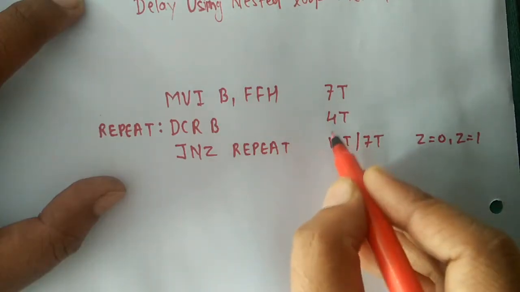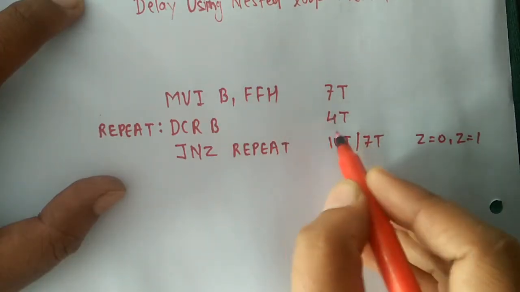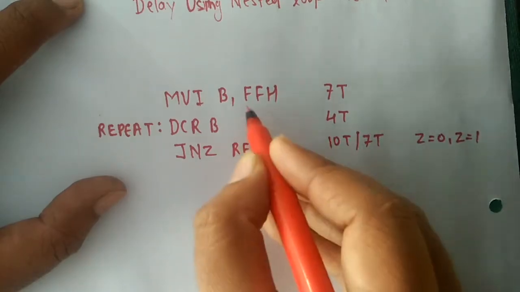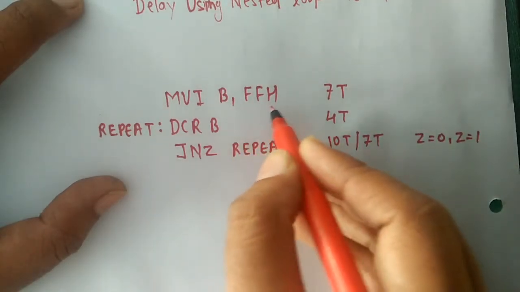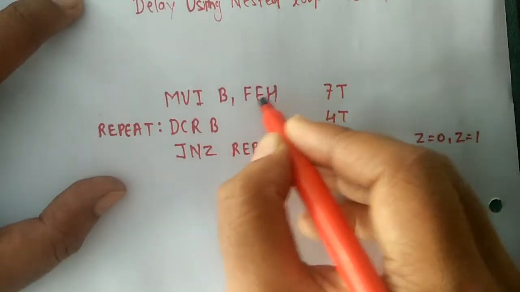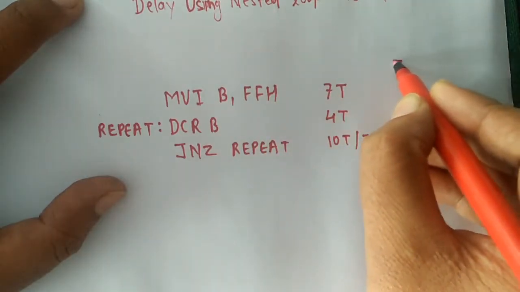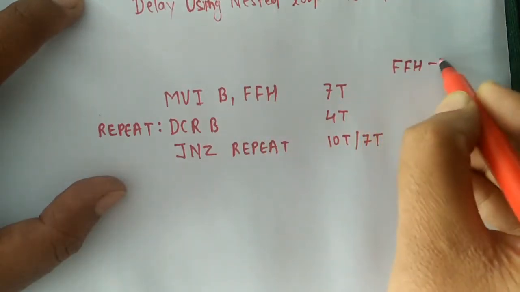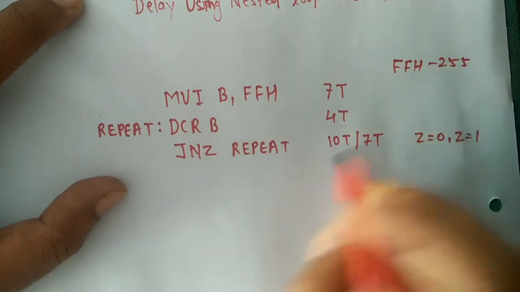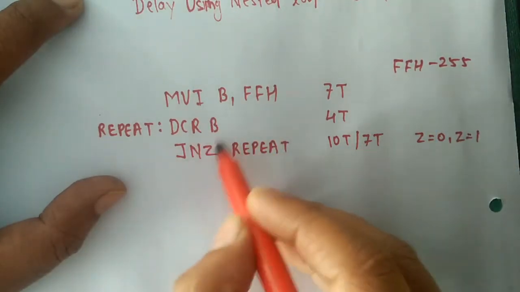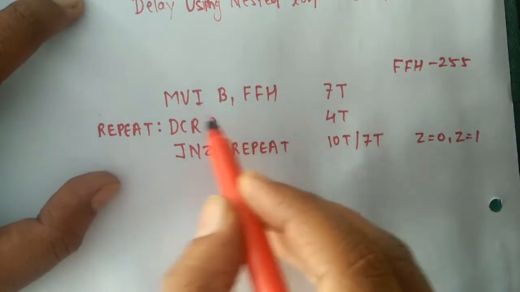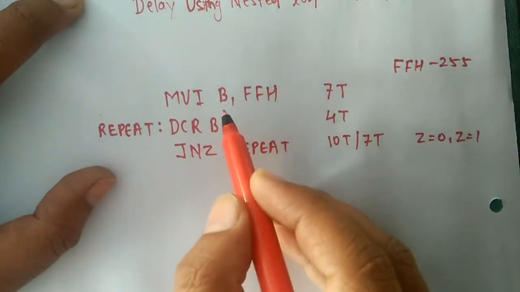You can see here that 10T plus 4T, that means 14T, will run 255 times. The equivalent decimal value of FFH is 255. So these two instructions will run 255 times, and after that the last instruction will run only one time.